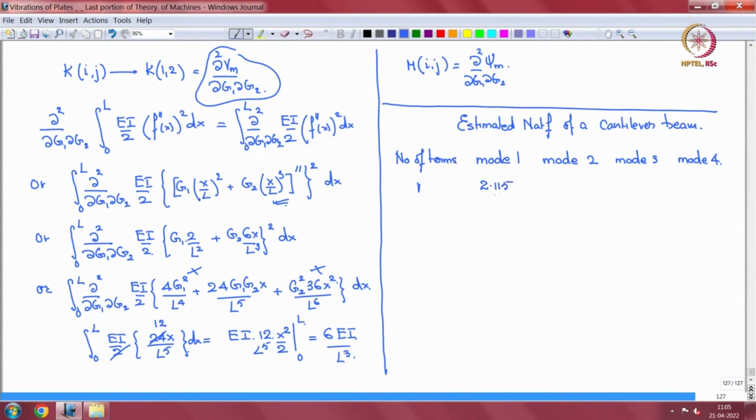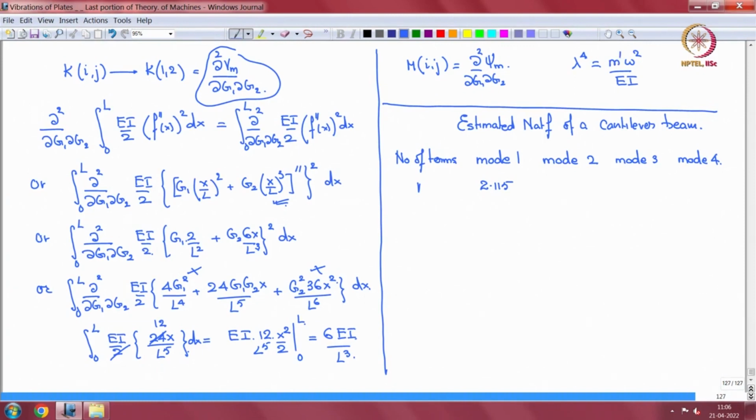Okay, now what is this value? If you remember, lambda fourth was given by m dash, mass per unit length, omega square by EI.